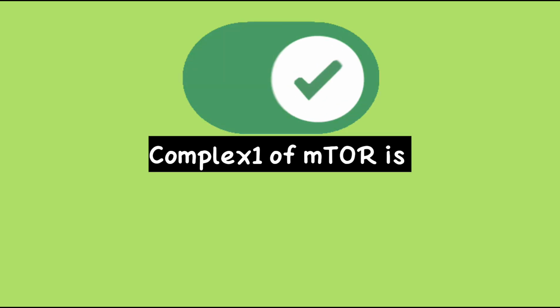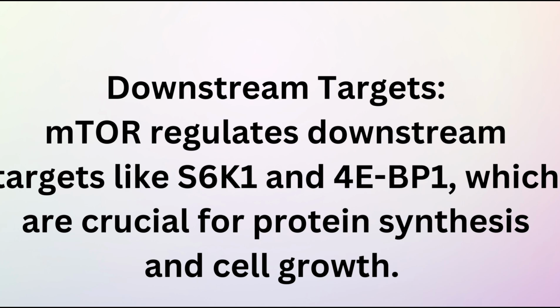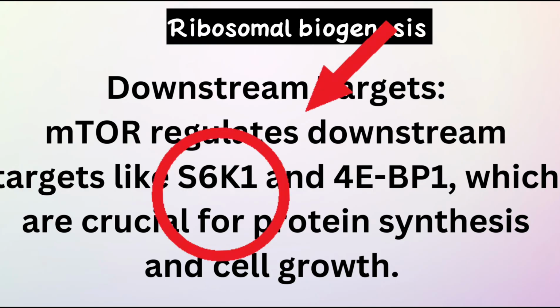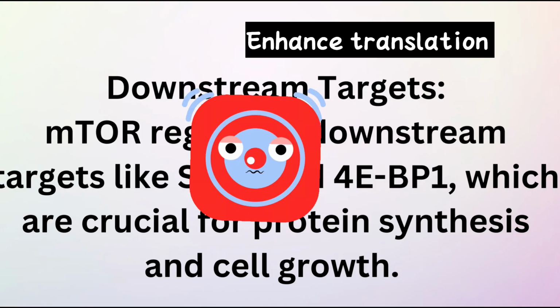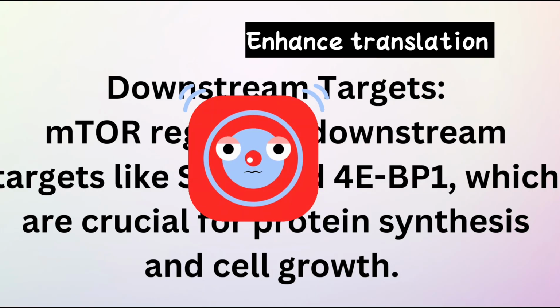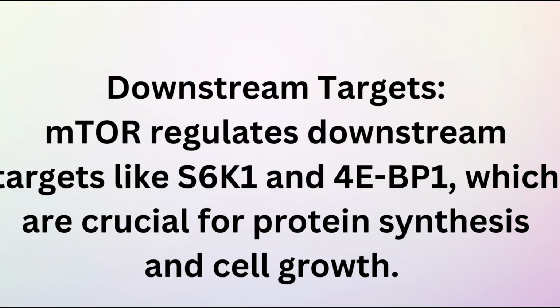Then mTORC1 phosphorylates S6K1, which activates ribosomal biogenesis and translation. Then 4E-BP1 is released, and it enhances cap dependent translation, which results in increased protein synthesis, lipid synthesis and nucleotide synthesis, and it inhibits autophagy.